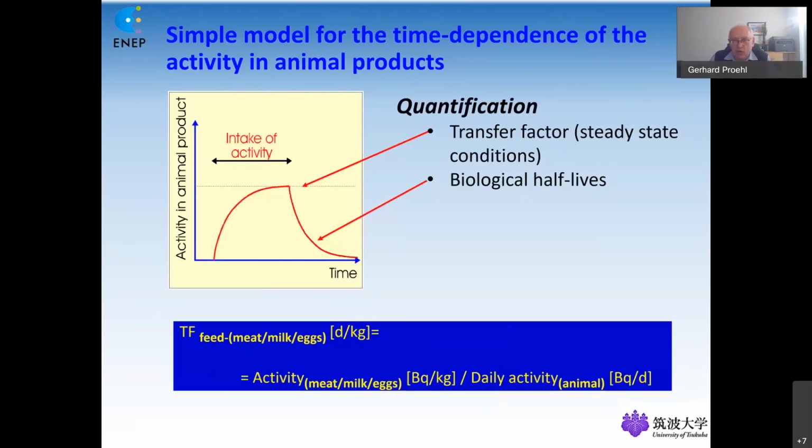Usually it is quantified by a transfer factor, which is defined by the ratio of activity in meat, milk, or eggs and the daily intake of the animal under equilibrium conditions. Usually, if you start feeding, you get this typical curve, as you see in the figure above. You have an increase, and if you stop intake, you have a decrease.